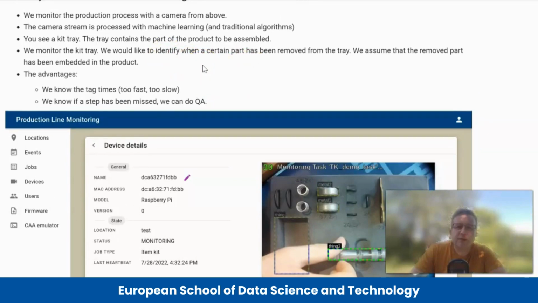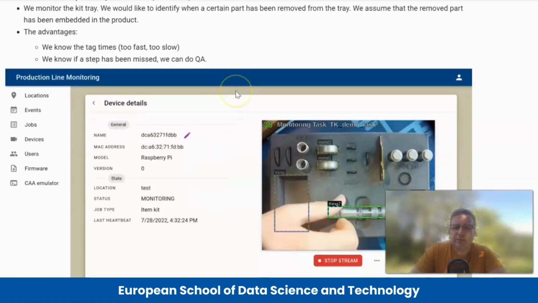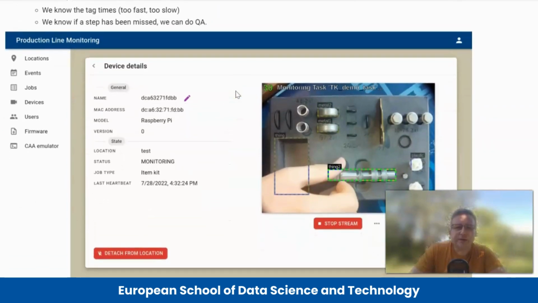We monitor it, and the task is to identify when a certain part has been removed from the tray. In this case we also assume that if a part has been removed, then the operator didn't just throw it away, but also assembled it in the final product. So we need a new category in addition to forged, molded or plastic parts, which is the placeholder of an item.